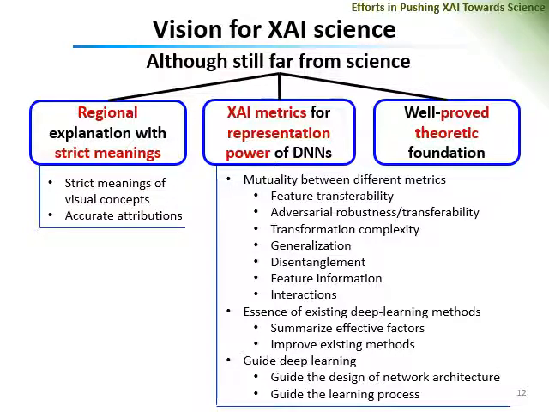For the last two aspects, sometimes we need to think about the mutuality between different metrics. For example, we need to consider the relationship between feature transferability and feature adversarial robustness, and the adversarial transferability. What's the relationship between the adversarial transferability and the interactions?